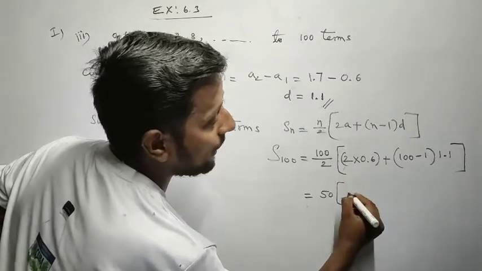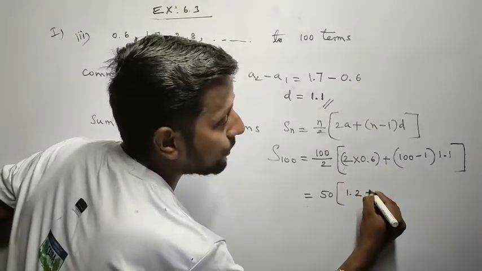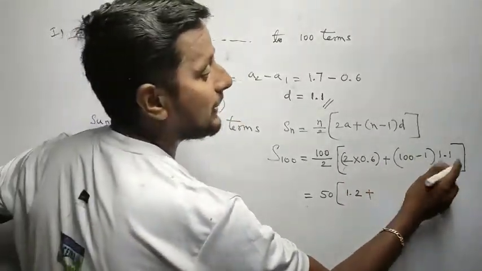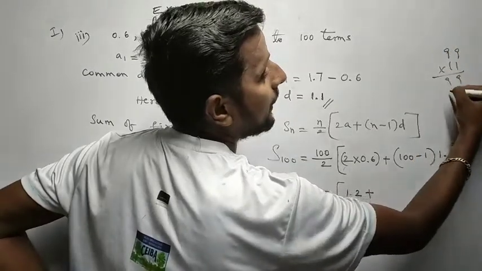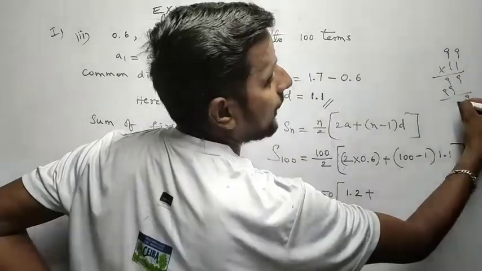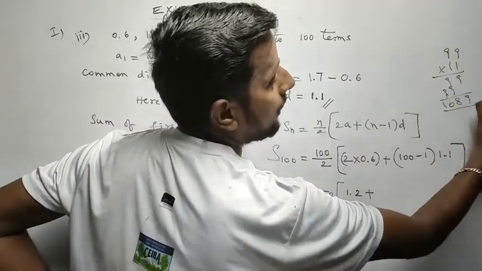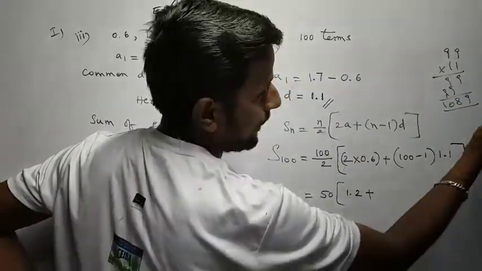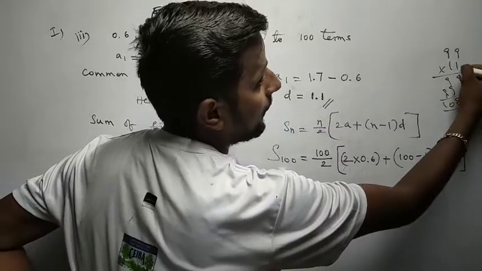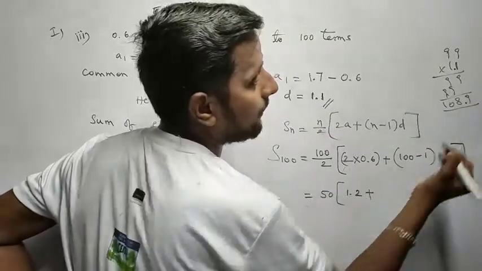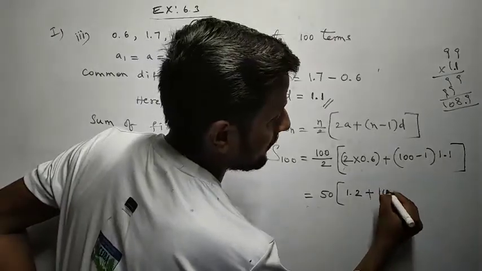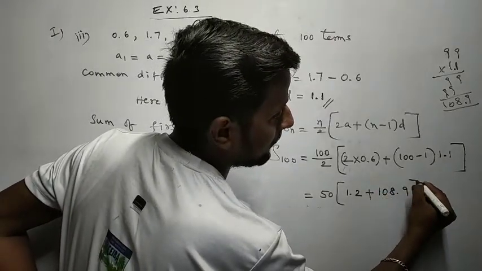Actually 2 sixes are 12, but it's a decimal number, 1.2. 99 into 11, simple, so 108.9.